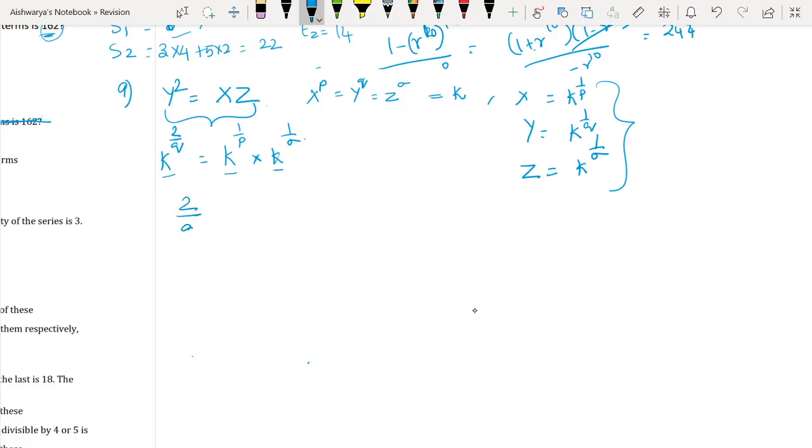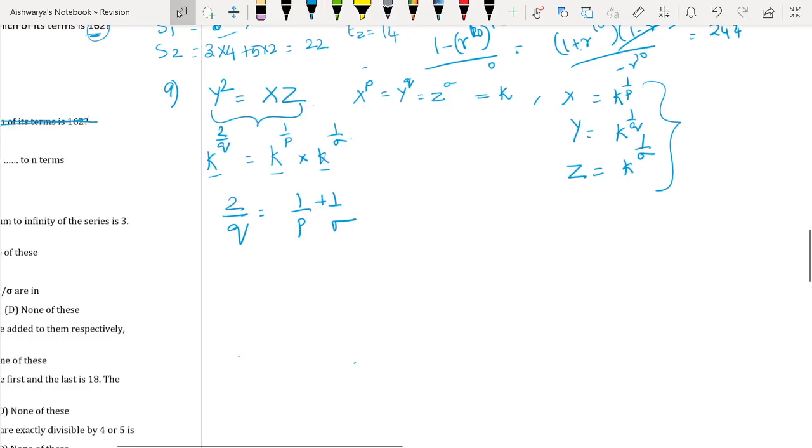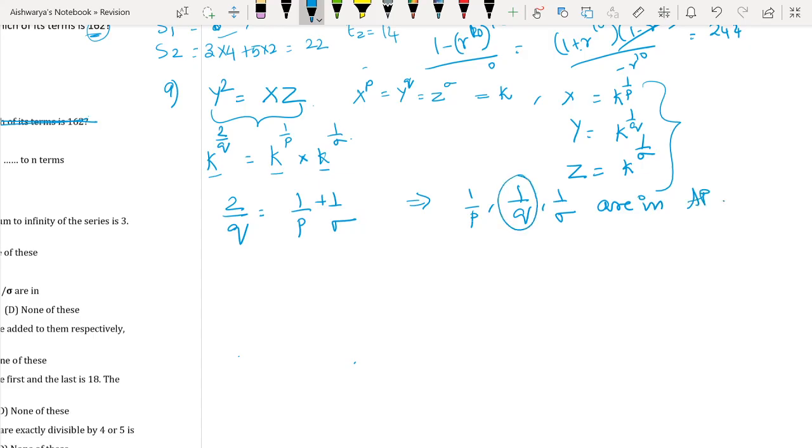So 2 by q is equal to 1 by p plus 1 by sigma. This means that 1 by p, 1 by q, 1 by sigma are in AP. That is what it means, because 2 times the middle term is the first term plus the last term.